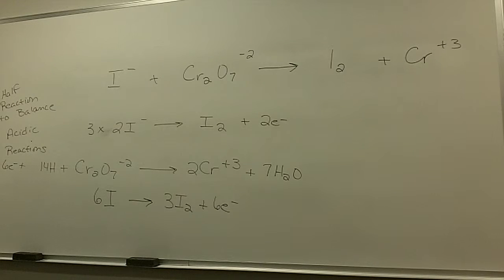And the 3 came from the 2 extra electrons on the product side. Because we had the 6 electrons over here, we also needed to have 6 electrons on the reactant side.